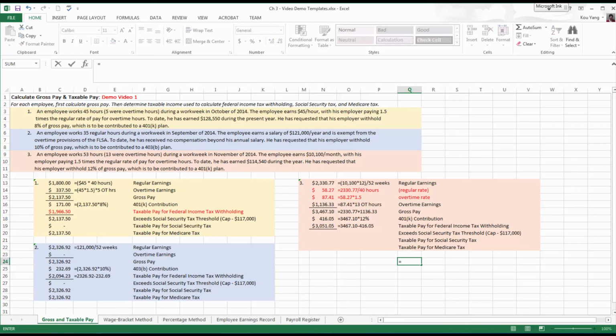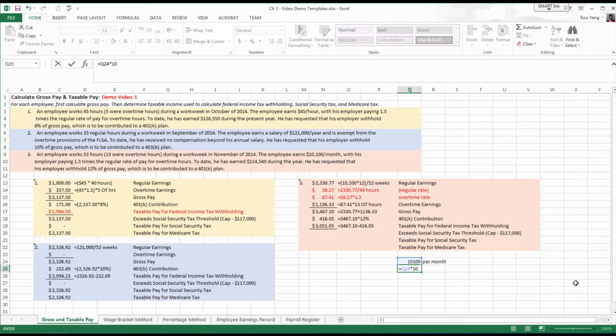So basically, if the employee earns $10,100 per month, okay, and let's say 11 months have passed, or let's do 10 because we want to make sure that as of October, he has not yet met or exceeded that cap.